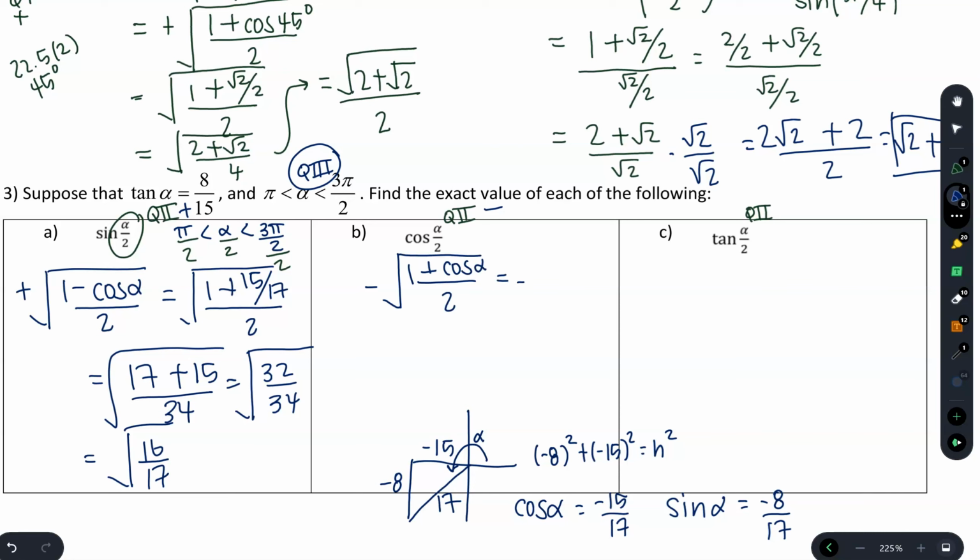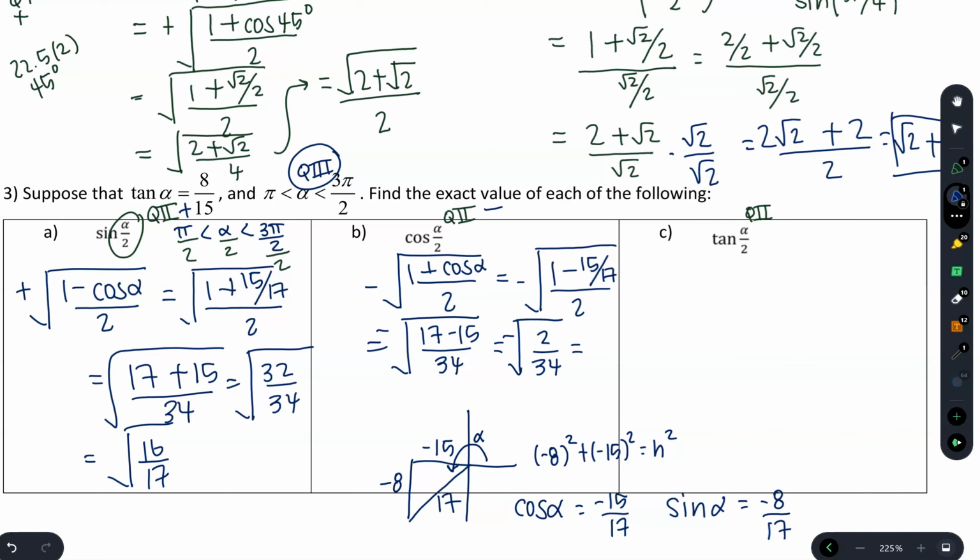So it'll be negative square root of 1 minus 15 over 17, divided by 2. So this will be 17 minus 15 all over 34. So that'll be square root of 2 over 34, or just, whoops, I'm losing my negative, I'm sorry, or just a negative square root of 1 over 17.